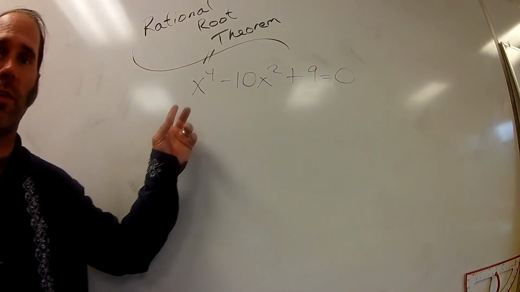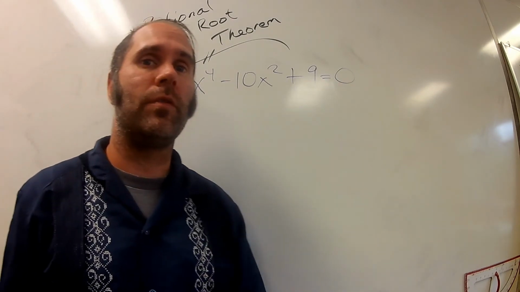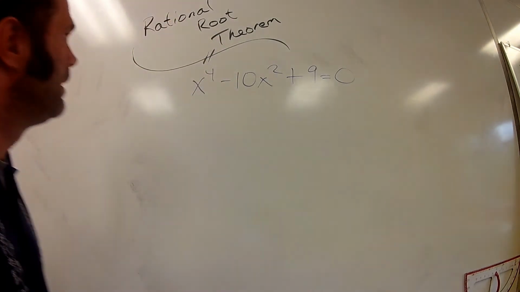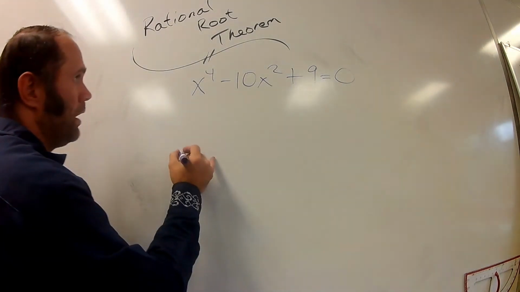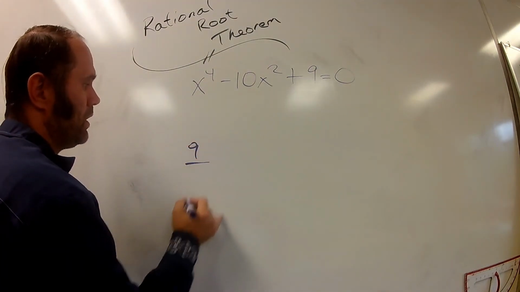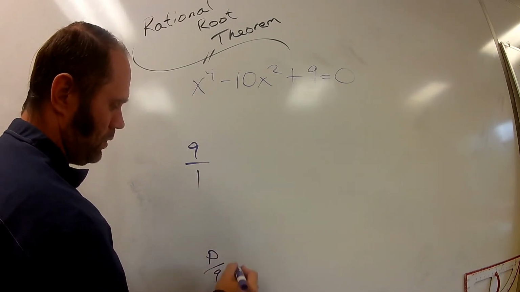Here we've got x to the 4th minus 10x squared plus 9 equals 0. Okay, so we're going to do the same. We've got our p is 9 and our q is 1. So here we're going to have p over q.